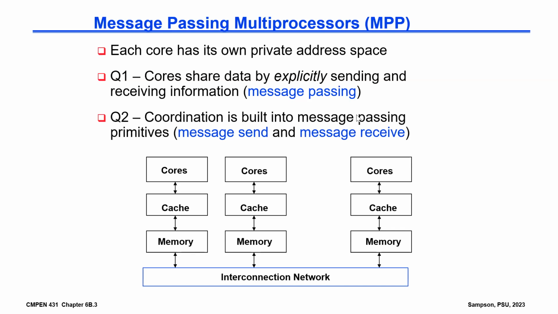Basically, if we share data only by explicitly sending and receiving information, then all the ways that we have to write our program are going to look different as well. In your shared memory machine, I do a series of updates to a shared data structure, and then other people will later read it. I don't need to know who has to read it. I don't have to know that in advance.